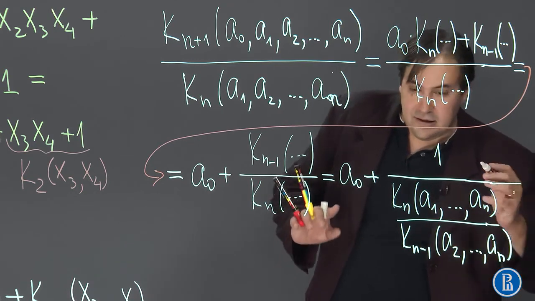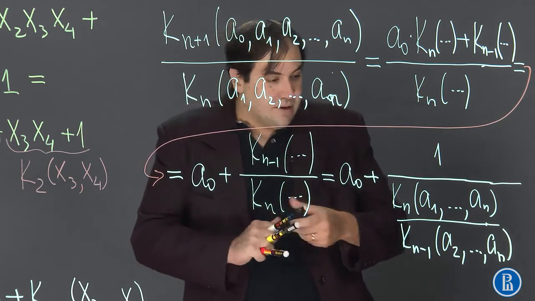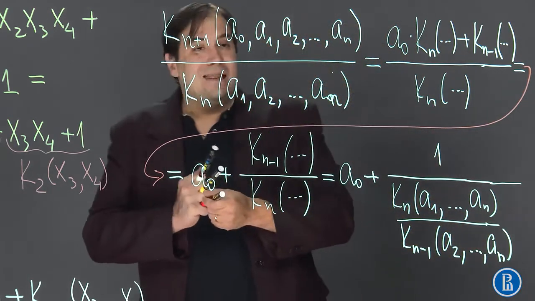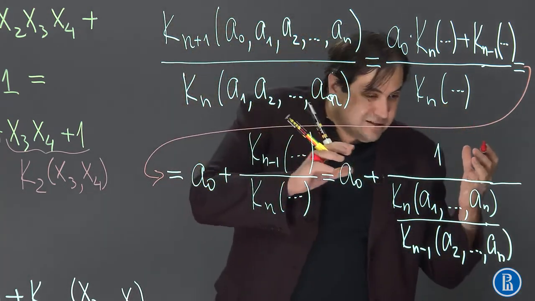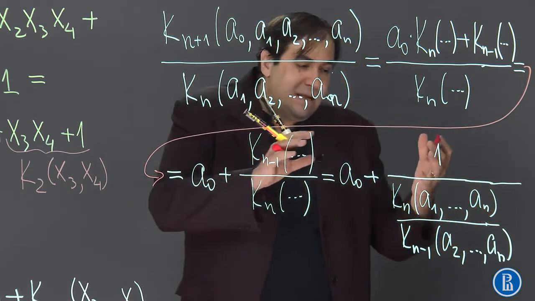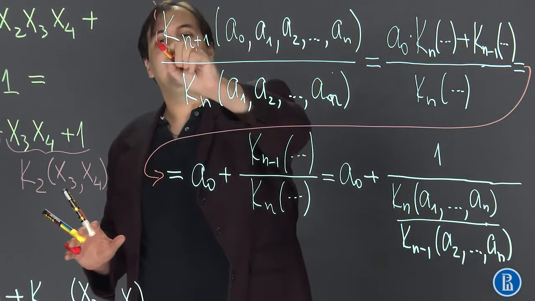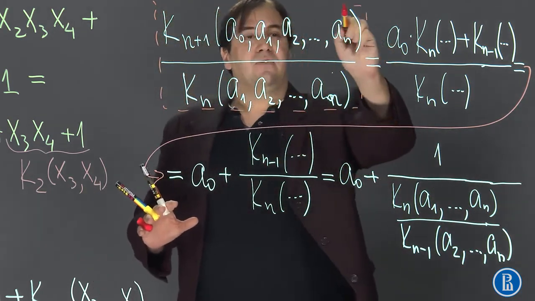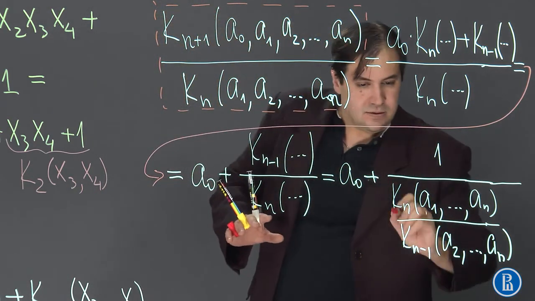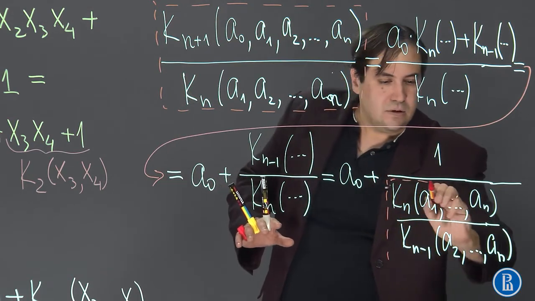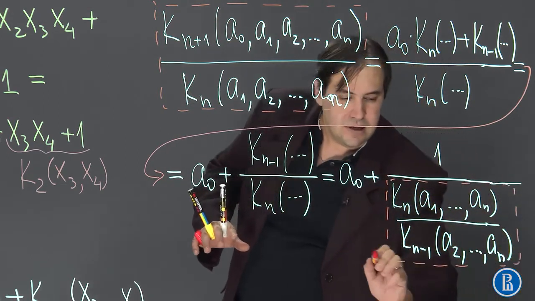And just notice that here in this denominator we have not exactly the same but very similar expression to what we had in the beginning. So it is a fraction of a continuant over continuant.